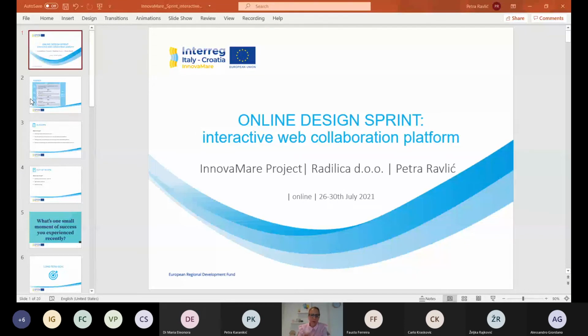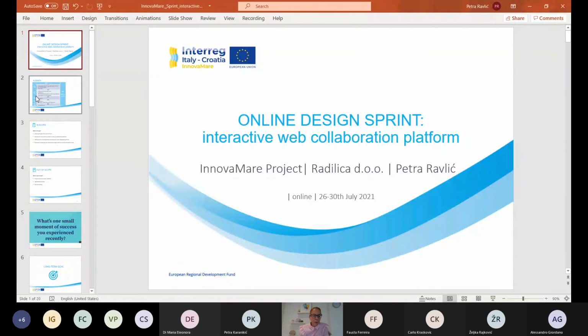Here we are going to tackle the interactive web collaboration platform, and after gathering all the insights and following the steps of the design sprint, we should by the end of the workshop come up with a skeleton, an idea of how this platform should look: what categories, what pages, what parts it should include, what kind of functionalities, etc. So everything that could be useful in the future. And in the next one, we will tackle more the innovation hub.